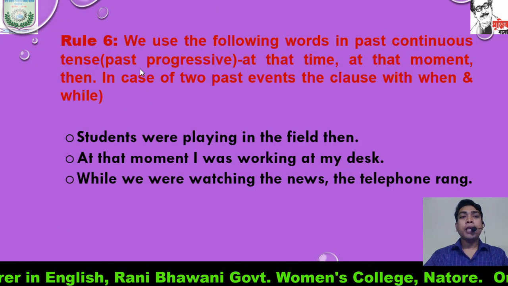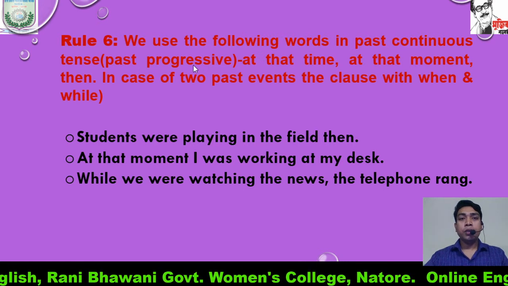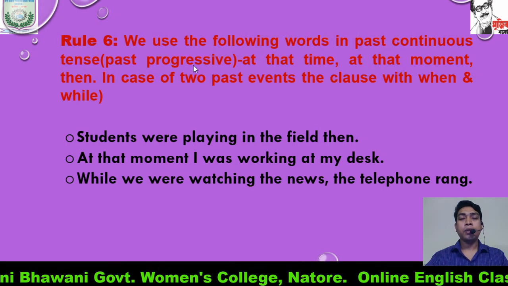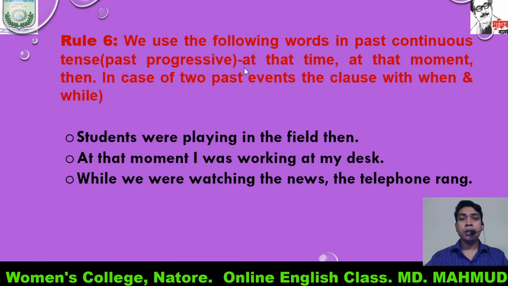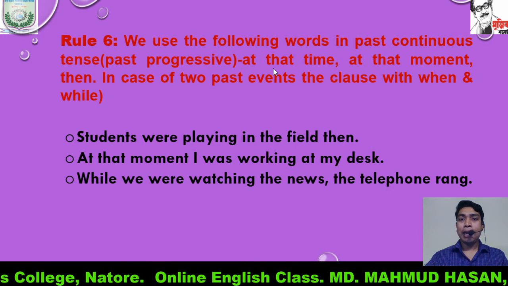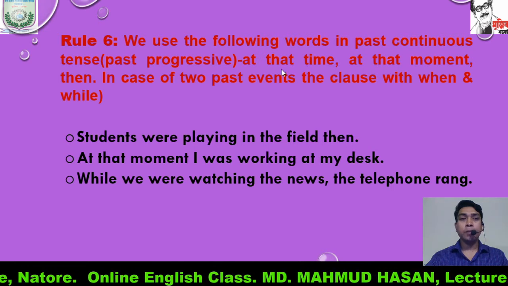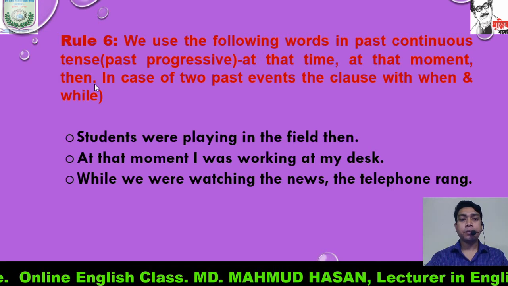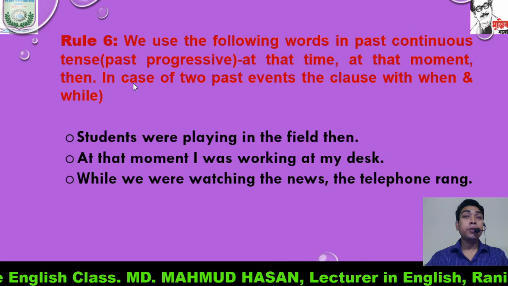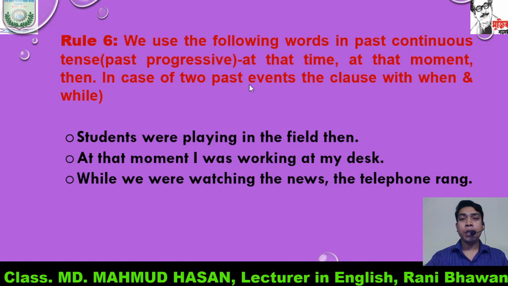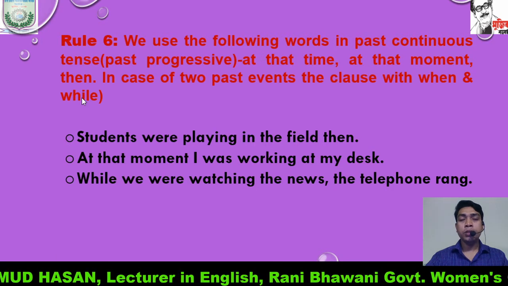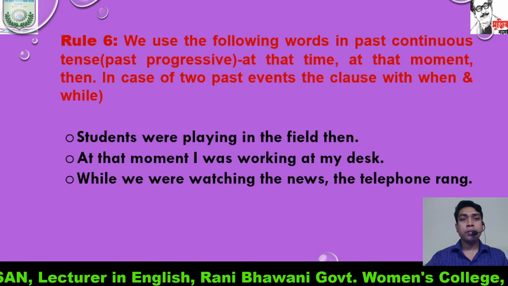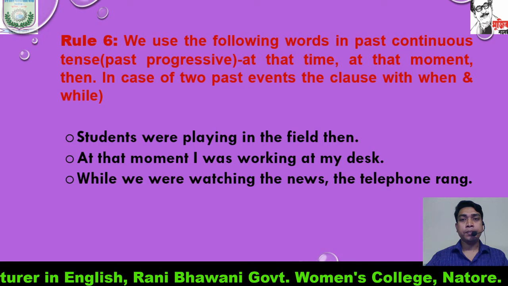In case of past progressive or past continuous tense, there are some indicators or markers. Here are some: at that time, at that moment, then. In case of two past events, the clause with when and while, we use past continuous or past progressive tense.